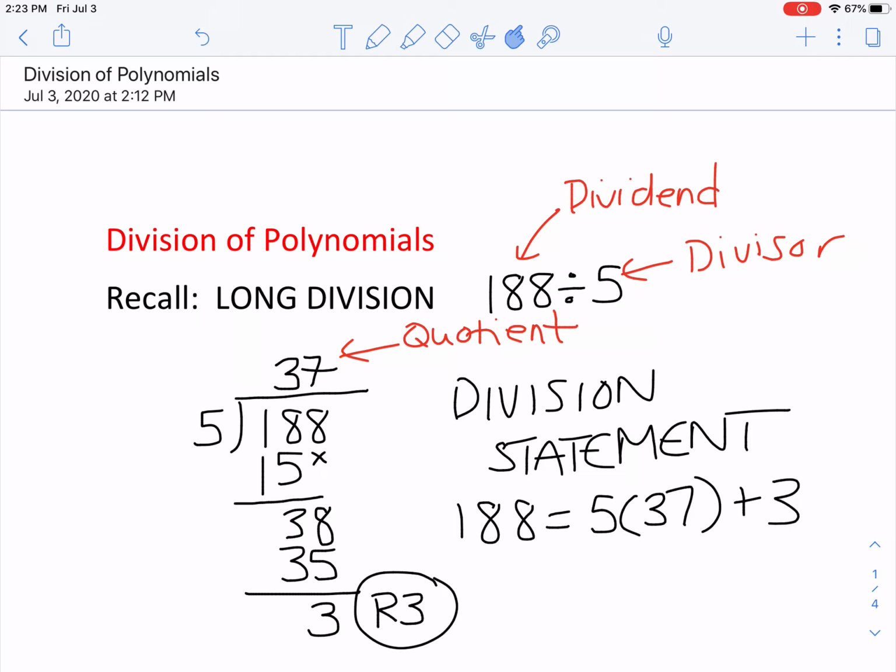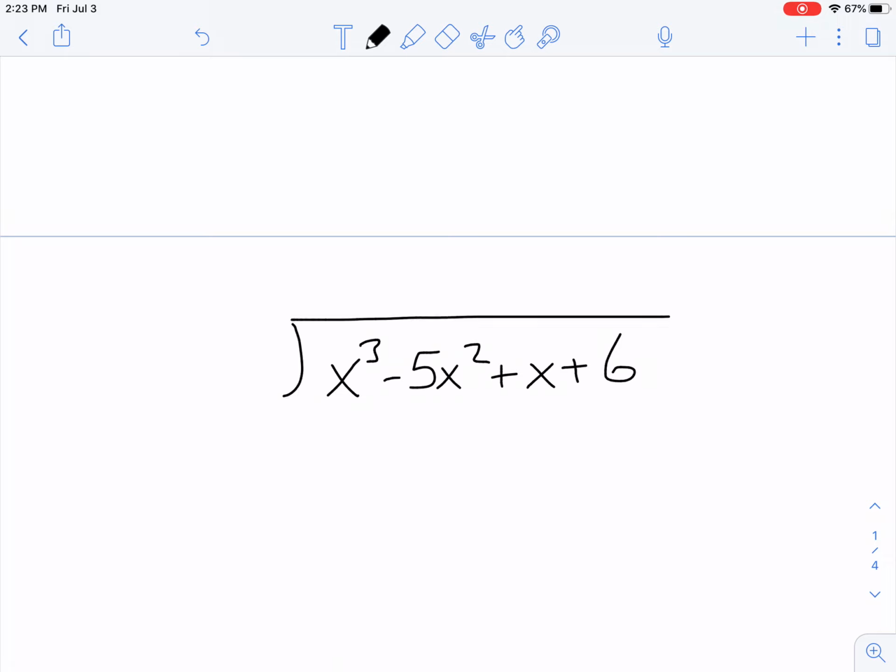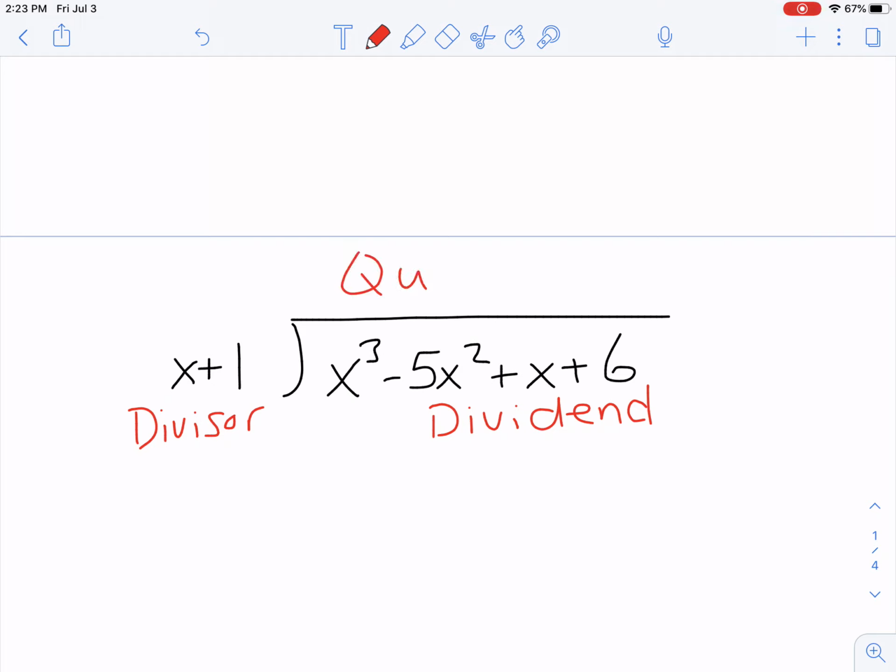So that same process we're going to need to do with some algebraic expressions. So if we had something like x cubed minus 5x squared plus x plus 6, and we wanted to divide it by x plus 1, in this case, my divisor is x plus 1, my dividend is the expression x cubed minus 5x squared plus x plus 6, and my quotient is going to be the answer that I get when I do that division.